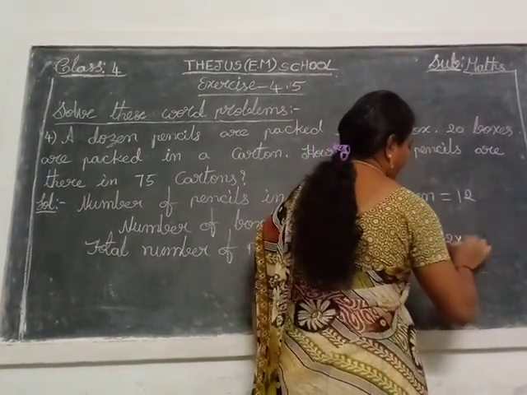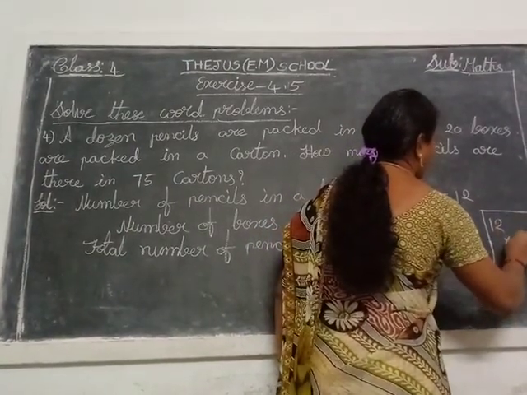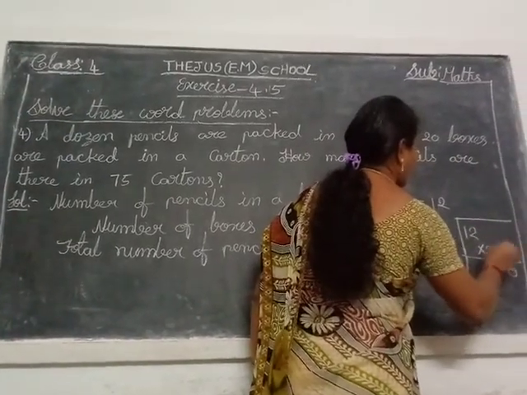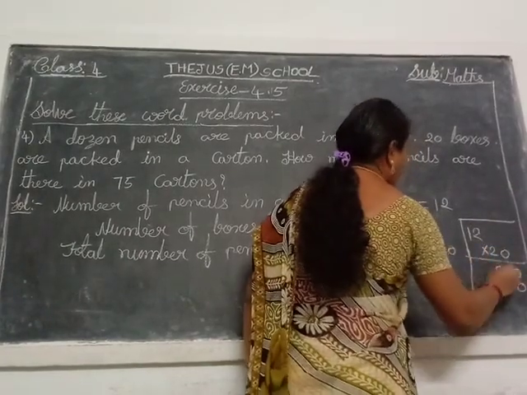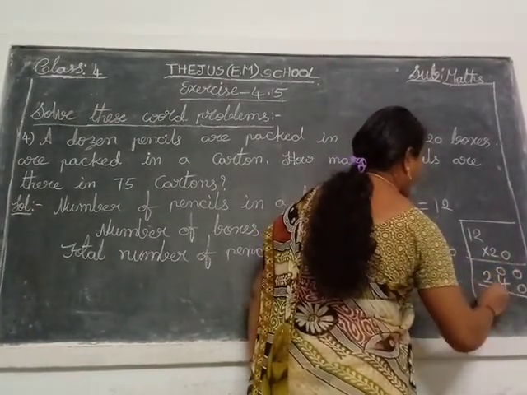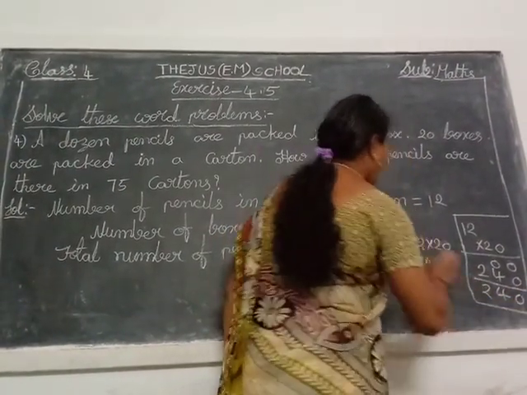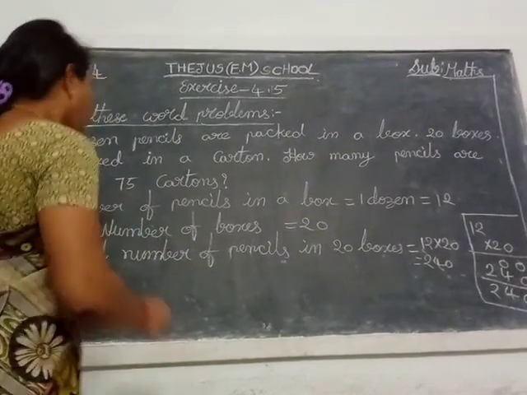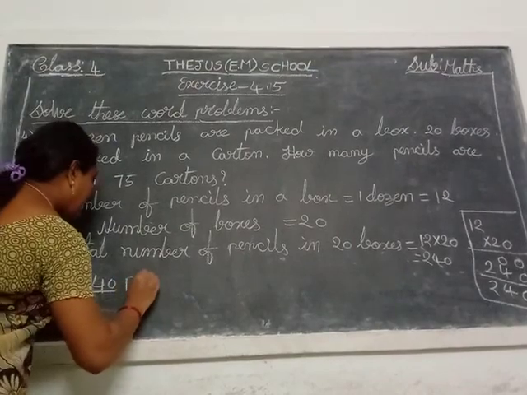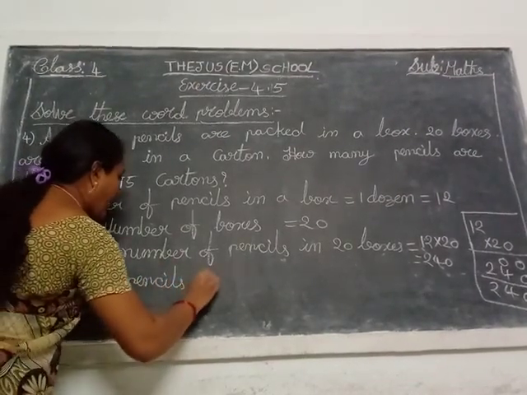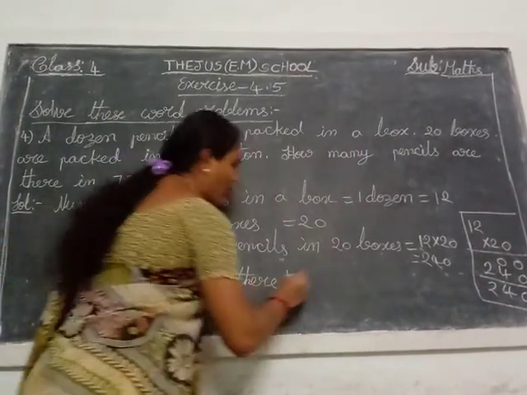Okay, children, 12 into 20. First multiplication is completed, once plus, so put the 0. 2 twos are 4, 2 ones are 2. So 240. So in total 20 boxes, how many pencils are there? 240 pencils. So here you write 240 pencils are there in 20 boxes.